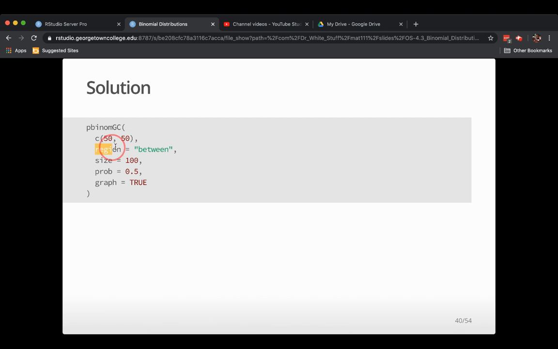See, the region is between. We need to specify the number of trials, and it's a fair coin, chance of success is 0.5. Graph is true is not necessary for the numerical answer, but it's always nice to see until you're real familiar with how the distributions for binomial random variables look.